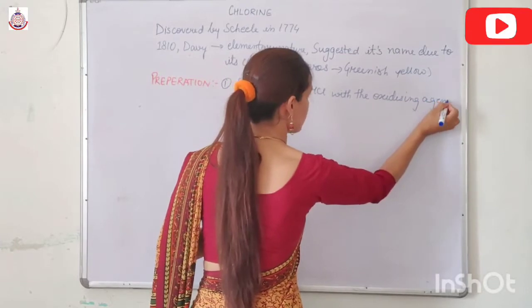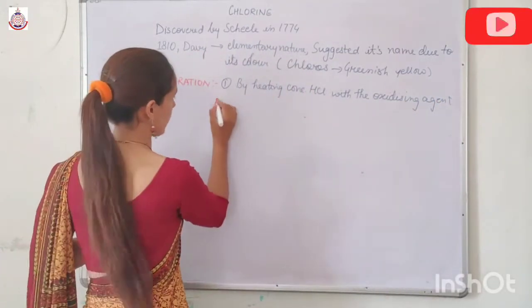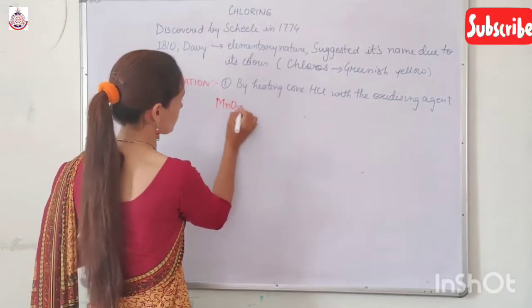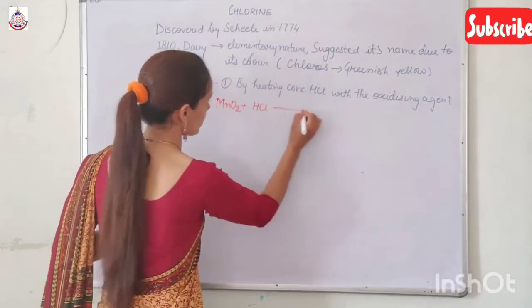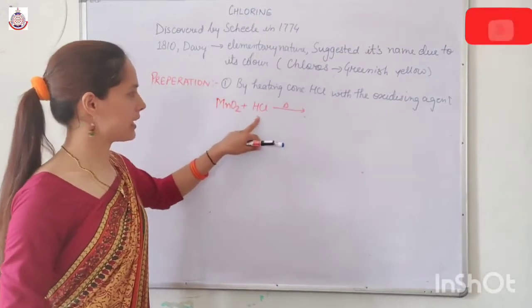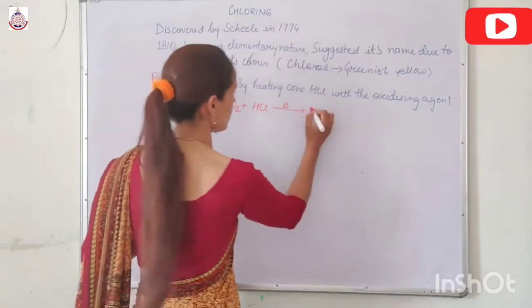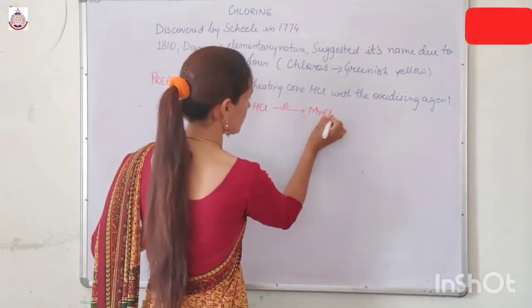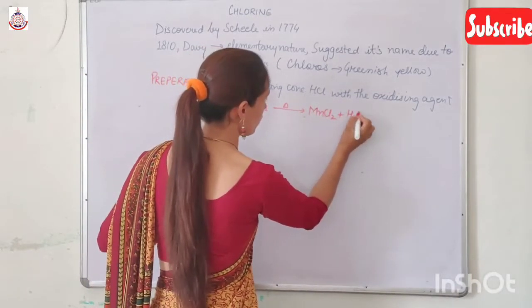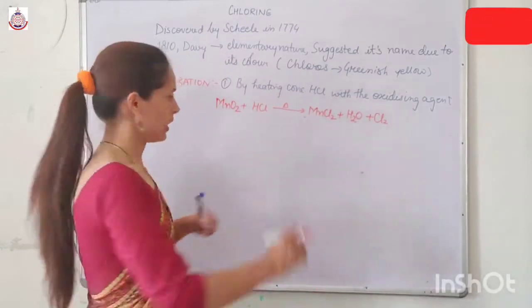If I write some of the reactions, suppose MnO2 reacts with HCl on heating. This HCl is the concentrated one. So when HCl is heated in the presence of the oxidizing agent, it gives MnCl2 plus H2O plus Cl2. So we get chlorine.